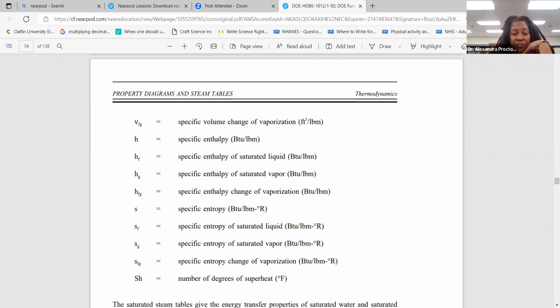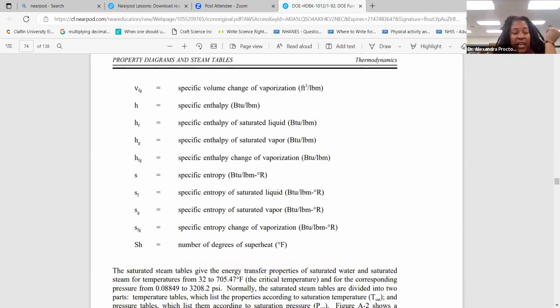S sub G is specific entropy of a saturated vapor, with units of BTU per pound mass per degree Rankine. S sub FG is specific entropy change of vaporization, also BTU per pound mass per degree Rankine. And SH is the number of degrees of superheat, and that's in degrees Fahrenheit.